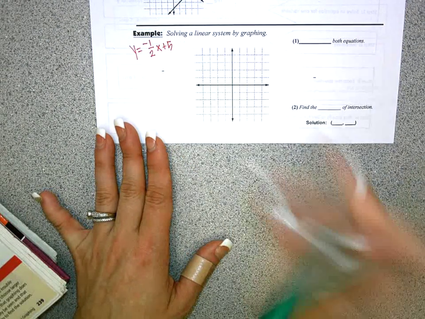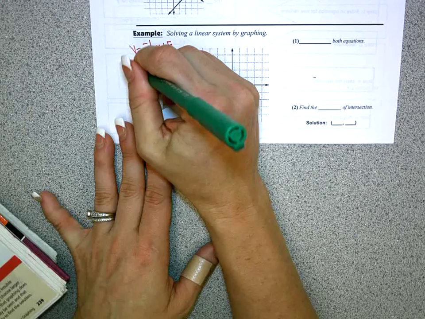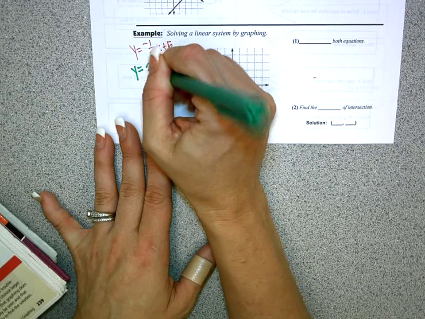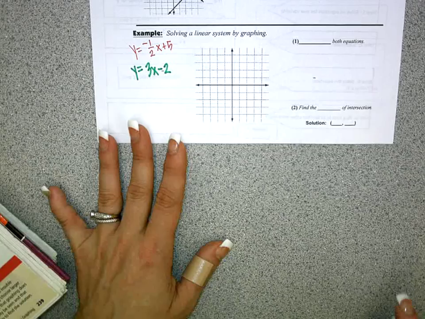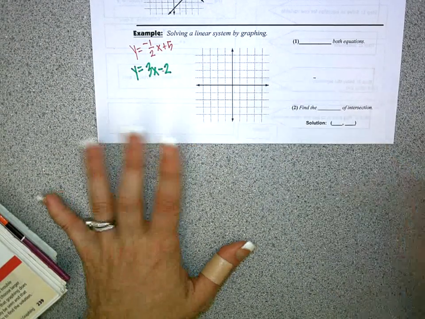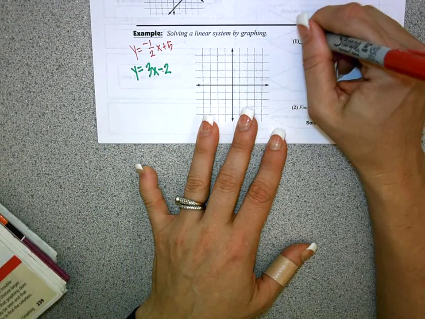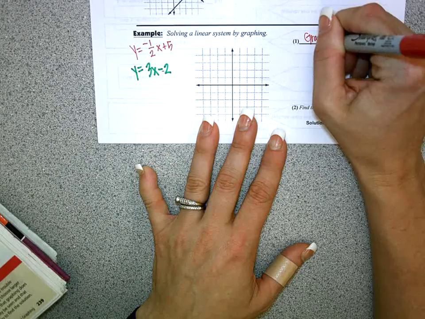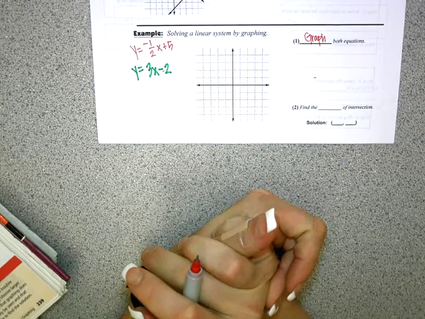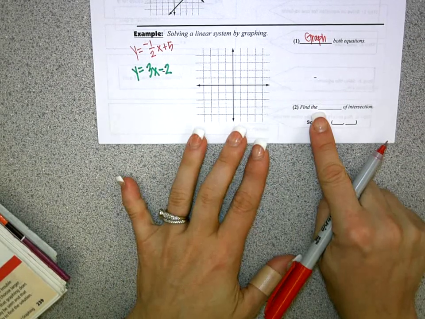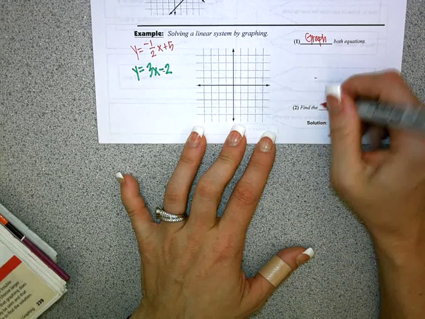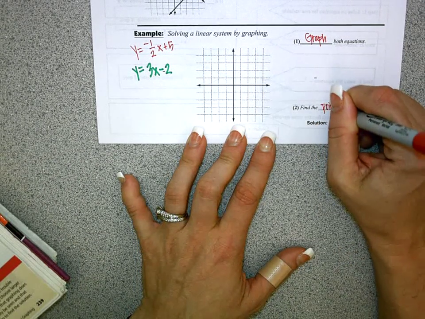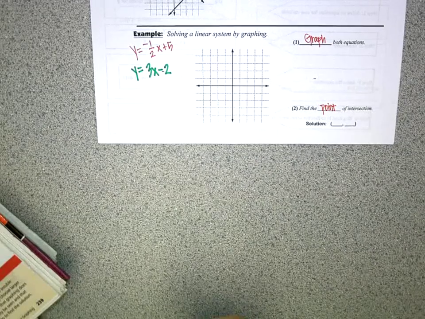The second equation is going to be y equals 3x minus 2. Okay, so first thing you want to do, step one, is to graph both equations. Then the second thing is basically just find the point of intersection. And there should only be one point of intersection here.